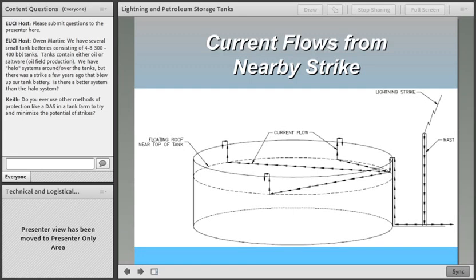So if we were to reduce or eliminate the upward streamers from the tanks or from inside the tank farm, then you would avoid the subsequent current flows that occur from the lightning strike terminations. So to answer your question, yes, the DAS is a viable method of lightning protection. However, it does not remove the need to install proper bonding between the roof and the shell.